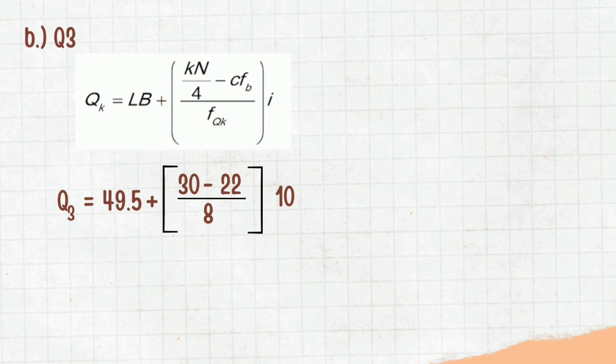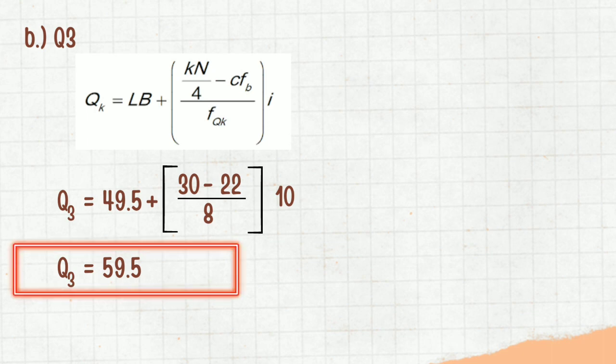So we have a mistake. This is a minus. So we will get 59.5. So the third quartile is 59.5. So that's how we will get the quartile of a given data.